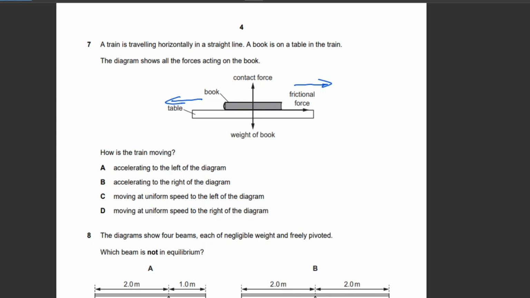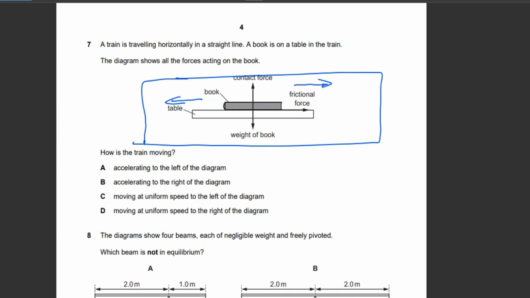To think about that, let's say you have the train like this now, this is the train. If the train and this book and this table are moving at the same speed, they would have been moving in the same direction. But think about it, when you move your car in the morning, and the car is moving this way, and you are the passenger here, how do you move?